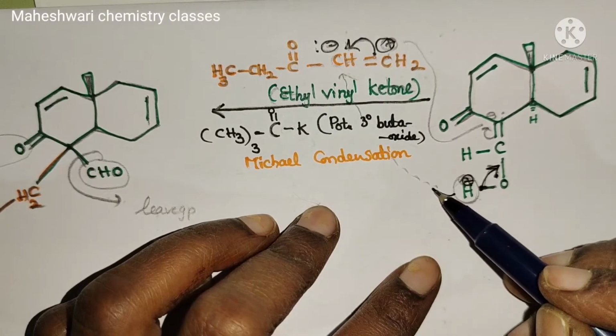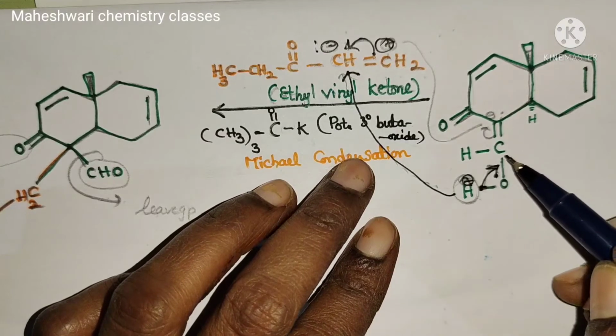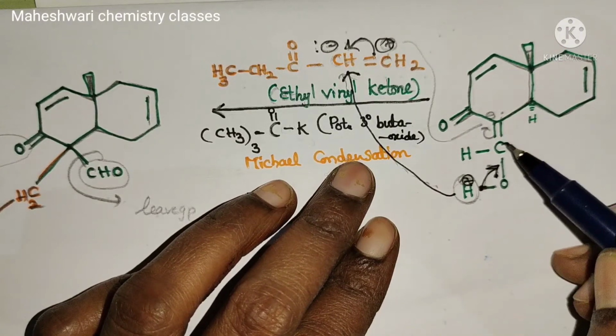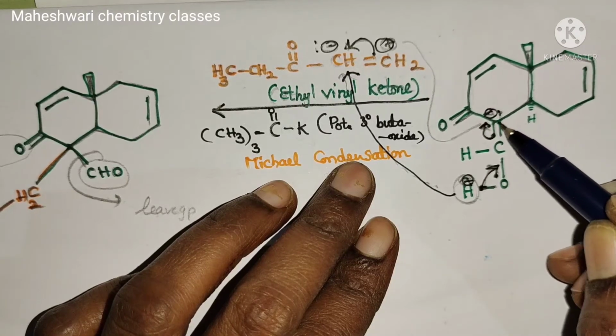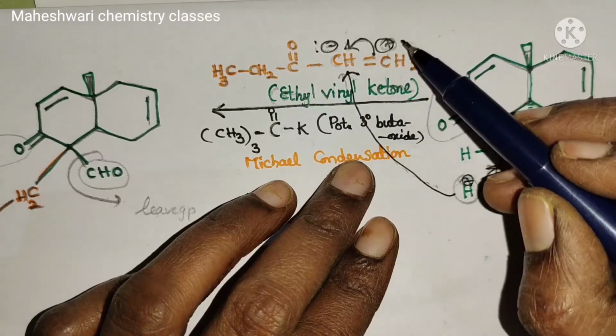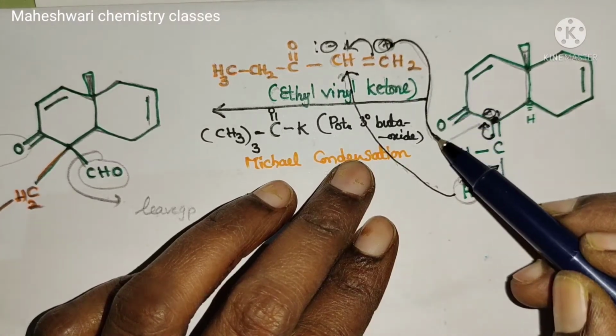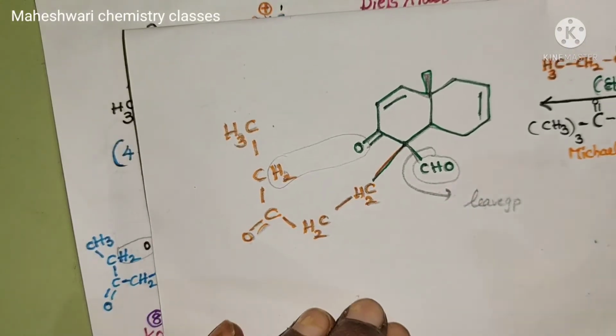This plus charge attacks the CH minus place. Here the carbon has 5 electrons, nothing but unstable, so the electron is rotated towards this side. Here a negative charge on this carbon. The negative charged carbon attacks this CH2 plus, and forms our compound like this.